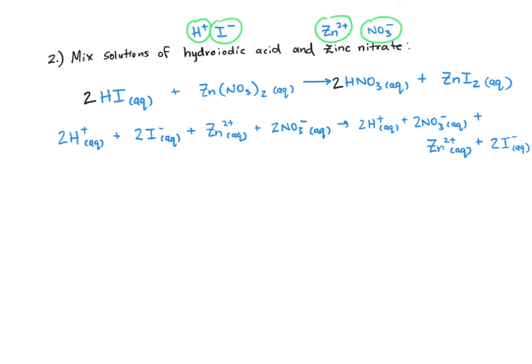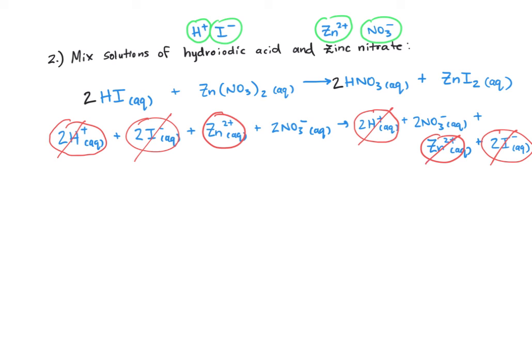Now, just like before, we can look for things that are identical on either side of a reaction arrow. We have 2 H+, they can go away, they are spectator ions. We have 2 I-. We have a zinc 2+ on both sides. We have 2 nitrates on both sides. So look at that. Everything is canceled out.